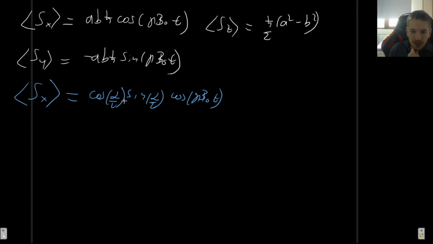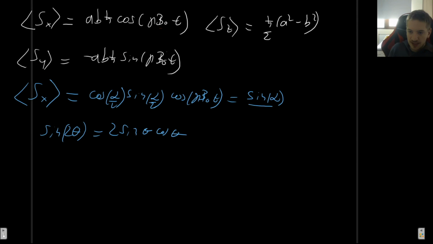But here we have cosine sine, and remember, sine of 2 theta is 2 times sine theta cosine theta. So in fact, we can rewrite this part as 1/2 times the sine of 2 times the angle that is in here, but since it is alpha divided by 2, it's simply going to be alpha. So we get sine of alpha divided by 2, by the way, I forgot the h bar here, times h bar times cosine of gamma b0 t.